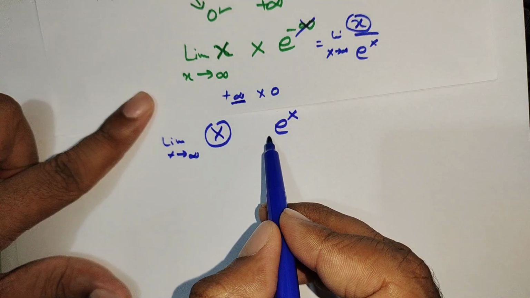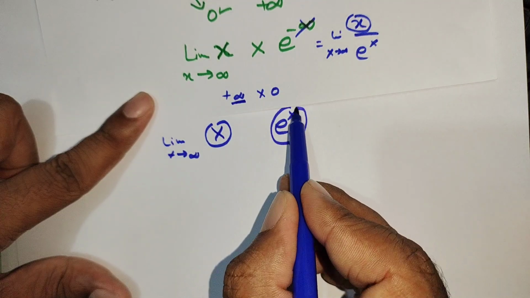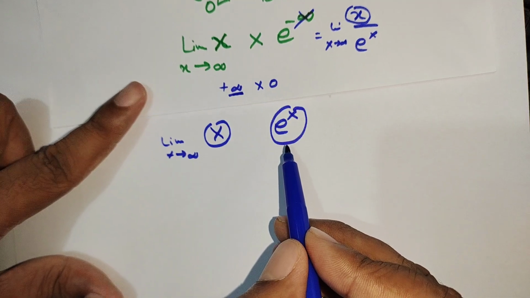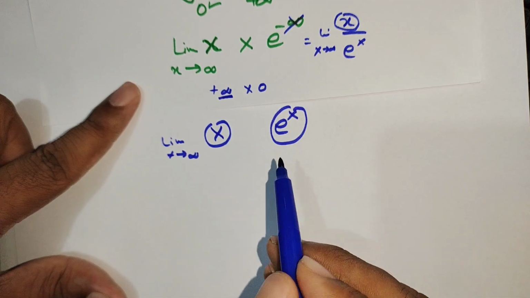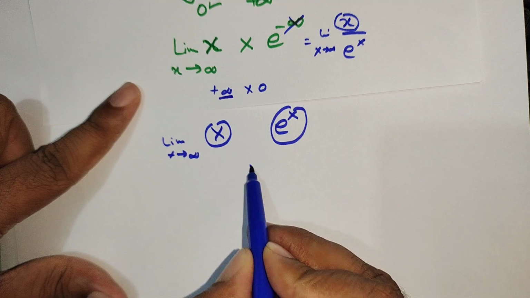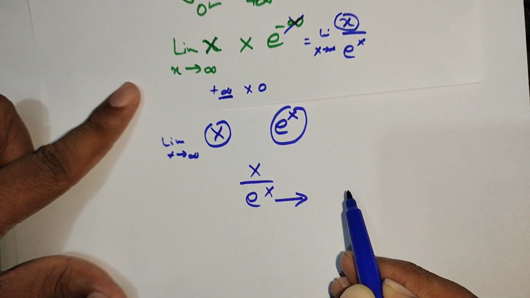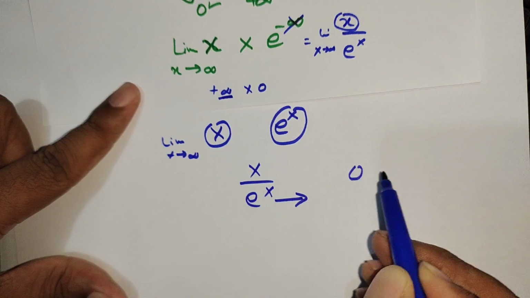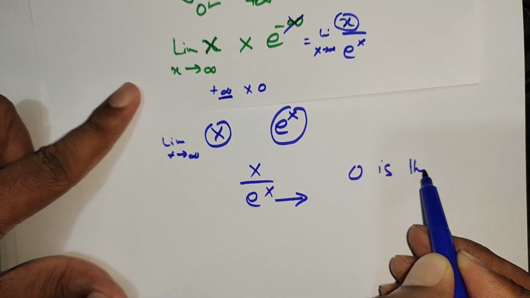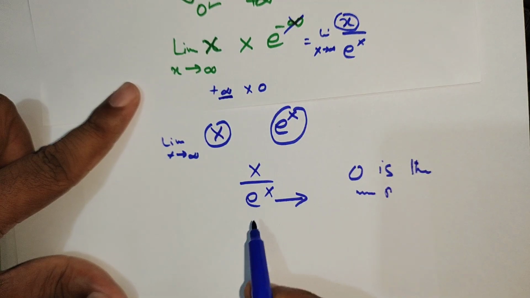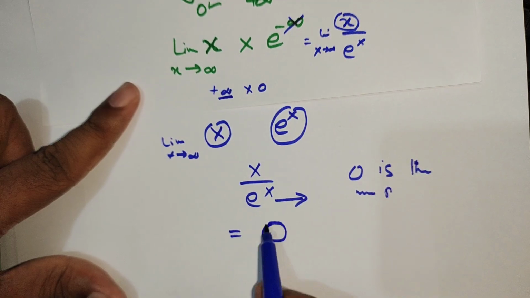However, when x goes to infinity, the growth rate of the exponential function is very high. So we can say that here 0 in x over e raised to power x is more powerful. So the final result will be 0.